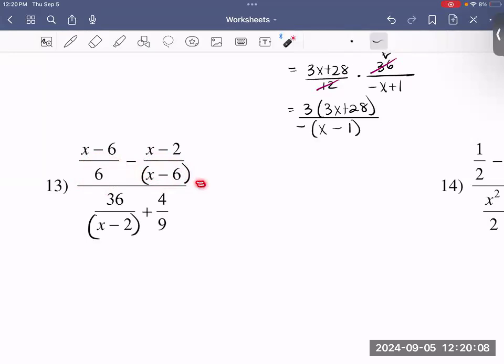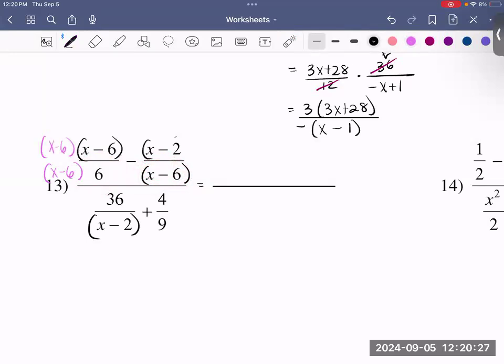So when we're looking at your numerator, as far as your common denominator goes, this side on the left is missing this whole parentheses, x minus 6. So what you do below, you need to do it to the top. Now keep in mind your numerator here is working together as well. And no, we cannot divide these numbers and cross out your x's, because in order for us to cross and simplify, they would have to match directly.